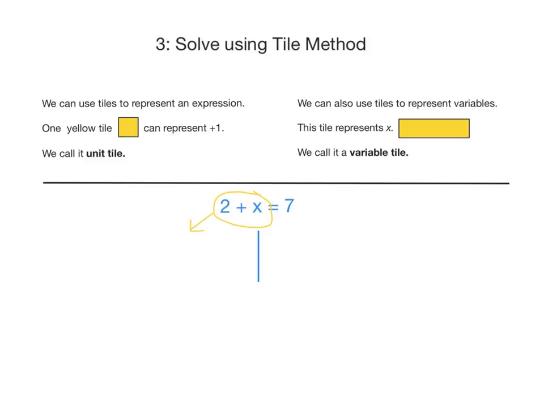Using our legend above, we will put 2 tiles to represent our 2, and we will put an x tile to represent our x.